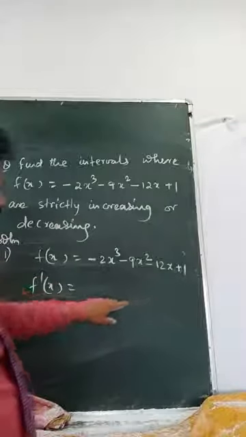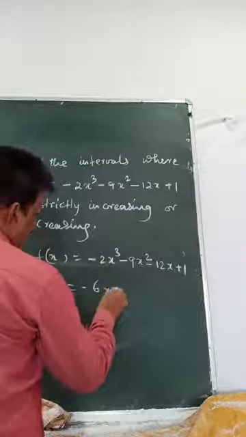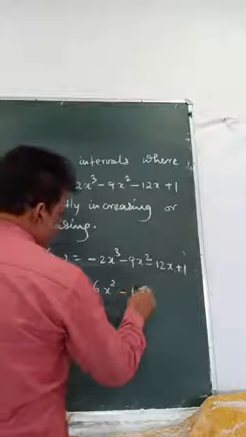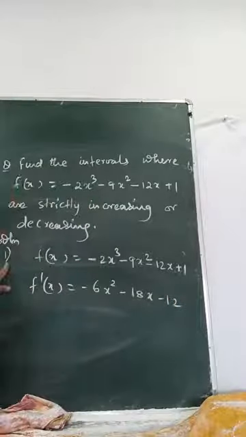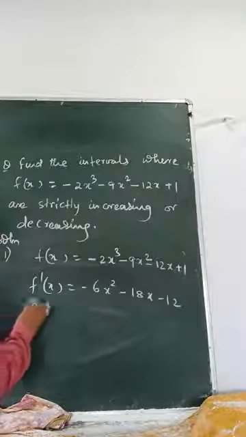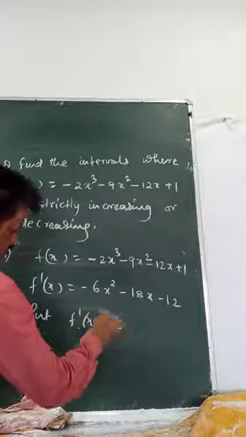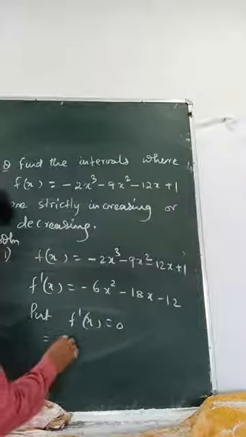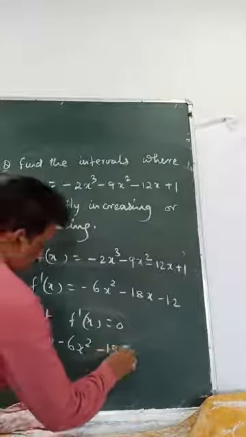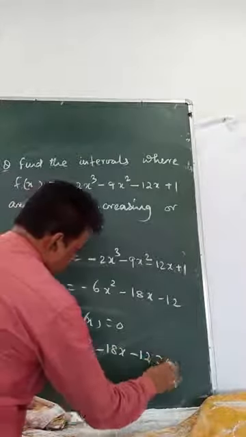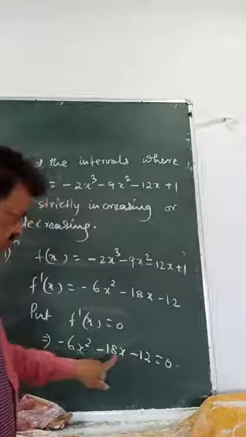So the first derivative will be minus 6x square minus 18x minus 12. Step one done. Then put f dash x equals 0, meaning minus 6x square minus 18x minus 12 equals 0. Observe, the sign is very important for us.